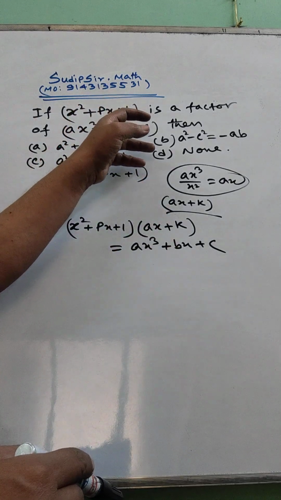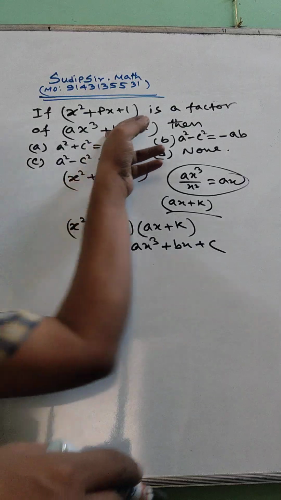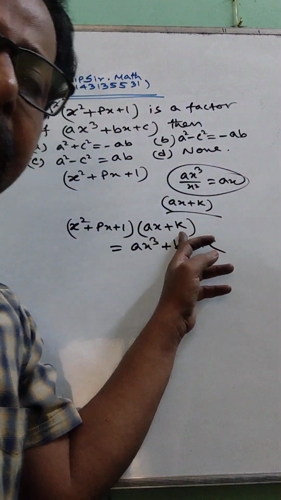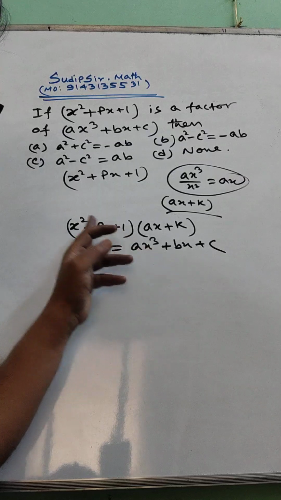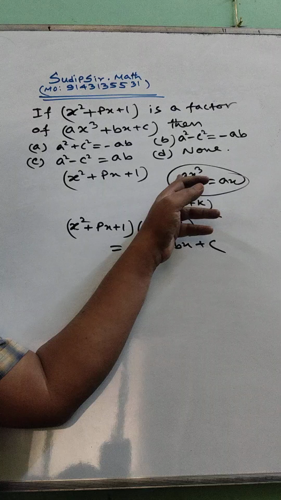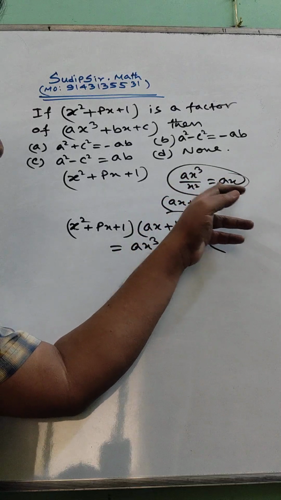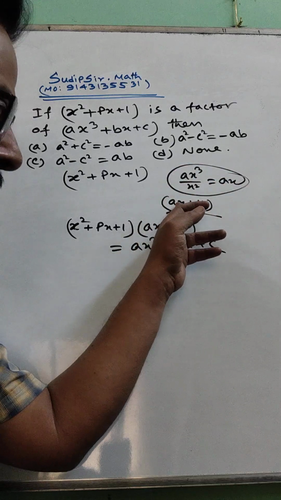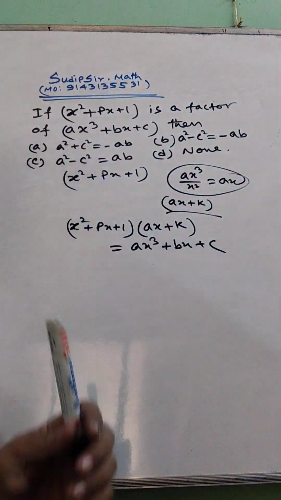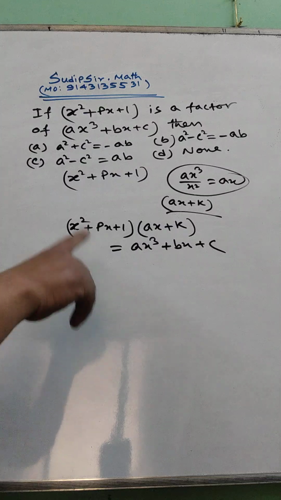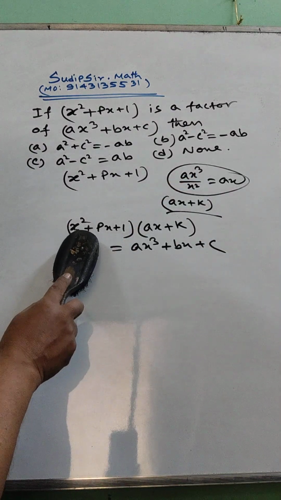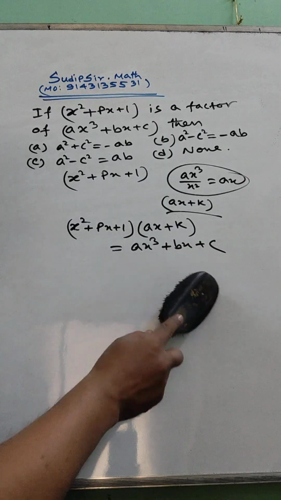Since this is a factor, that is, this is divisible by this, after dividing we get a linear factor. Since this is power 3 and 2, this must be a linear factor. See, ax cube by x square is ax, so we must get a linear factor like ax plus k, and we have to find this k. So this into this equals this.